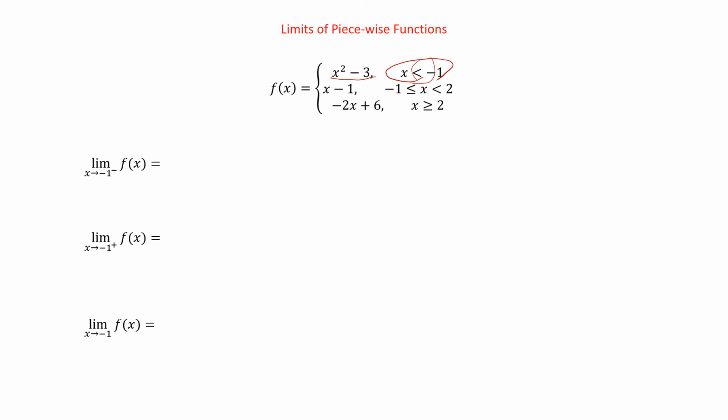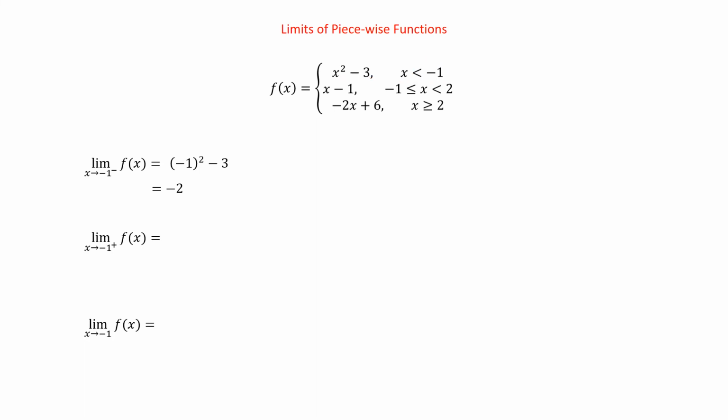We're finding the limit. We want to know what it would be if it could get to -1. And so we plug -1 in. -1 squared is 1, minus 3 is -2. So the limit as x approaches -1 from the left is -2.